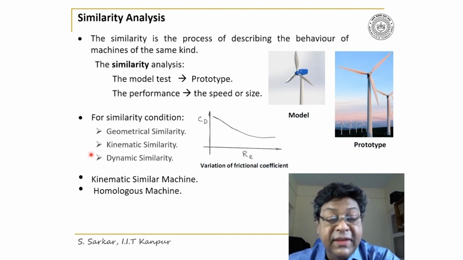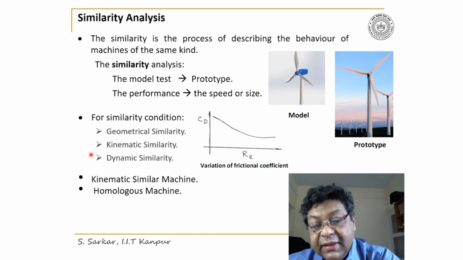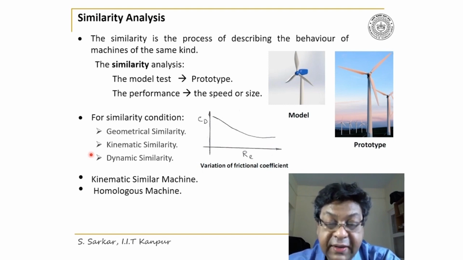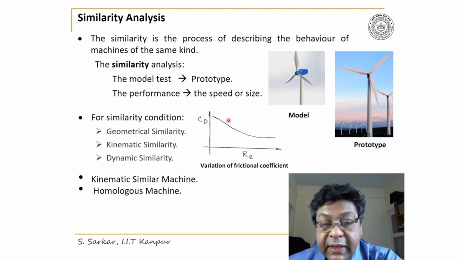The next one is dynamic similarity. For true similarity, equality of Reynolds number must be satisfied. I have given a sketch of frictional coefficient versus Reynolds number.